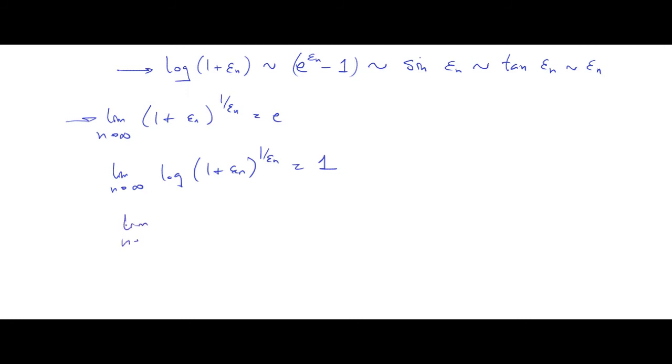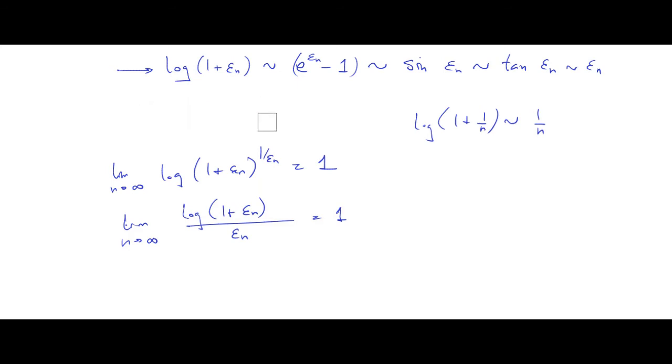And this is the limit when n goes to infinity, and because of the properties of the logarithm, the exponent goes out multiplying, so this is the logarithm of 1 plus epsilon sub n divided by epsilon sub n is 1. Okay, so that means that these two sequences are asymptotically equivalent. So this is what we're saying here: the logarithm of 1 plus epsilon sub n is asymptotically equivalent to epsilon sub n. For instance, the logarithm of 1 plus 1 over n is asymptotically equivalent to 1 over n.